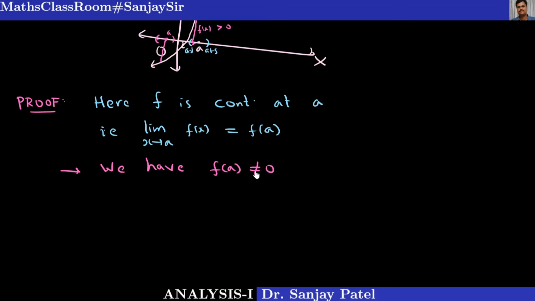So there are two possibilities. Either f of a is positive or f of a is negative.